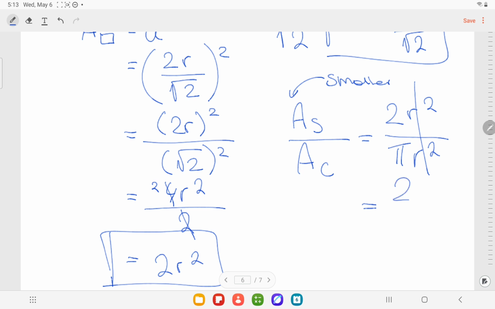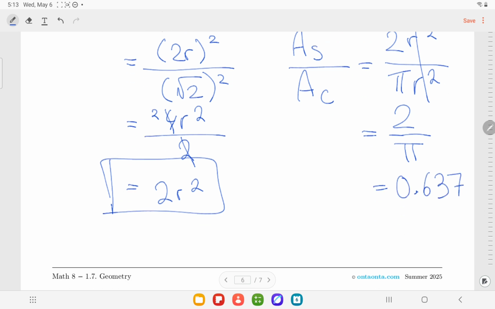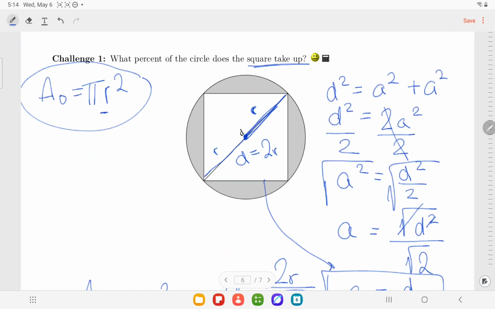So we'll be left with 2 over pi, which if you plug that into your calculator, you will get 0.637. And to find the percentage, we will multiply it by 100% to get 63.7%. So the square takes up 63.7% of the entire circle.